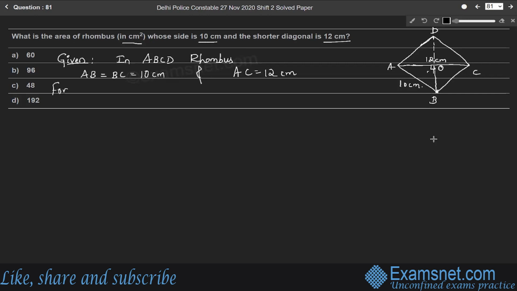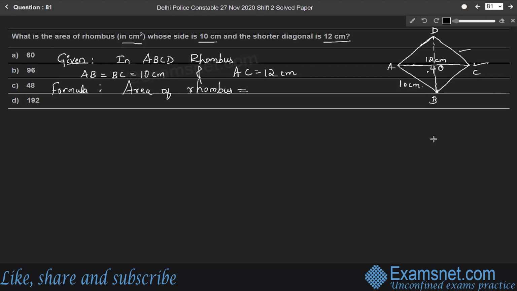So what is asked in the question? What is the area of the rhombus? So the formula to find the area of the rhombus: because of the diagonal AC, two triangles are formed in the rhombus. These two triangles are equal in their area since a diagonal of a rhombus cuts the whole rhombus into two equal parts.